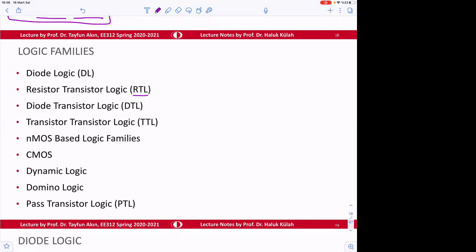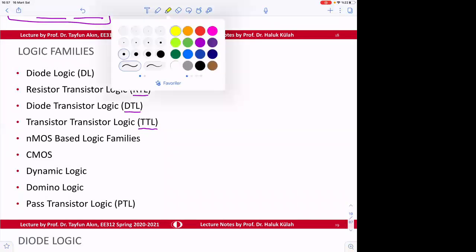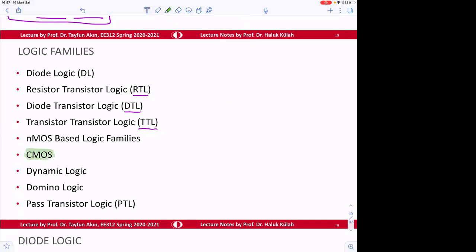We will be looking at diode transistor logic, transistor logic, and then MOS-based logic families. Today, the dominant one is CMOS. This is the best one, and we'll see how we can implement it with the MOS technology.